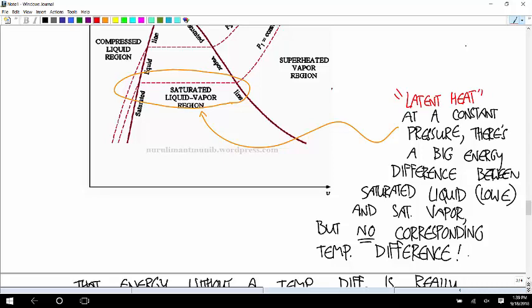The name latent heat makes sense if you think about that as all of this. Well, it's not really heat, so that part isn't quite accurate. It's internal energy. But the entire difference in internal energy between this point and this point doesn't show up in the temperature. If you're just trying to guess how much energy this material has based on measuring its temperature, you could be off by this much. And so if you have a saturated vapor, it's holding all this latent heat. It doesn't show up as temperature, but it's waiting there for you to use it to do work.